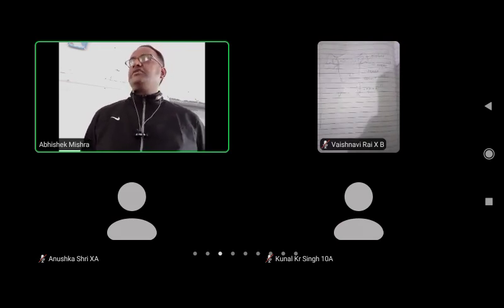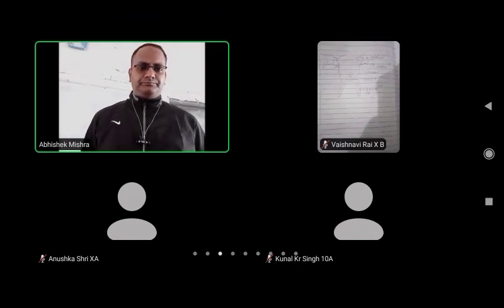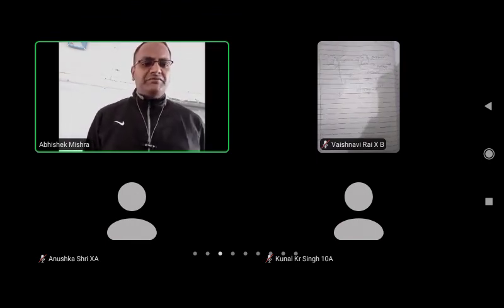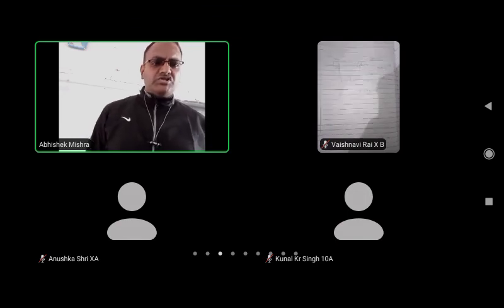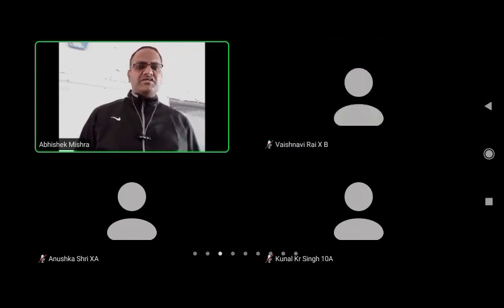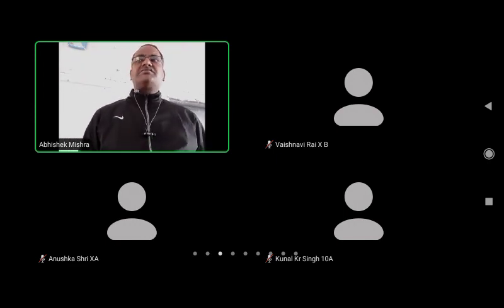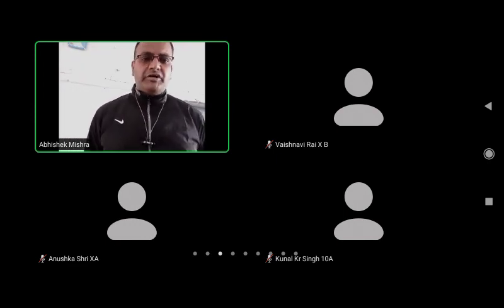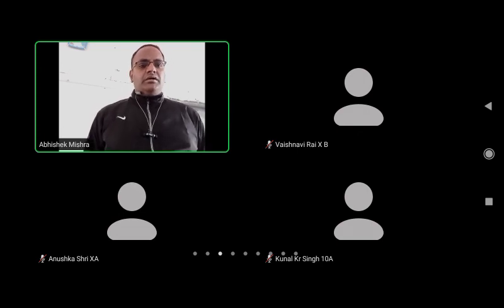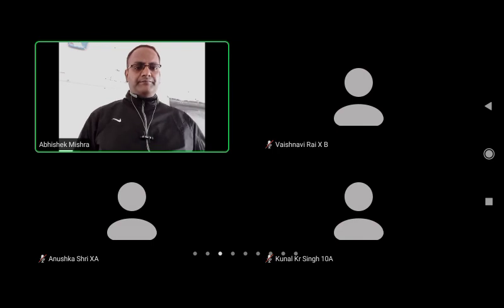I want to see the worksheet. Okay, Vaishnavi, this is today's work of the female reproductive system. Yesterday's work was the male reproductive system with the labeling of the functional parts.